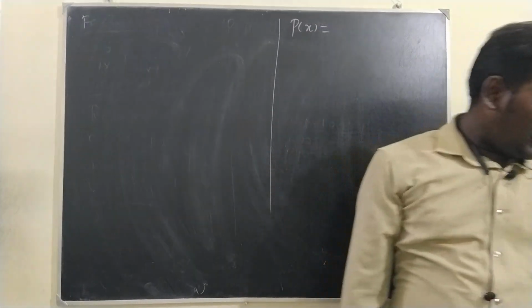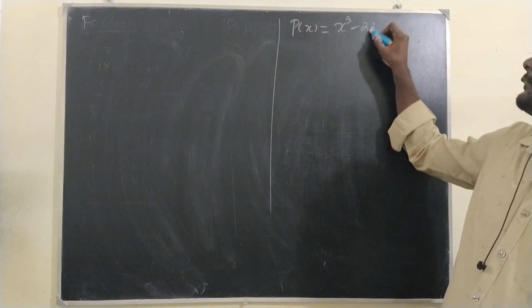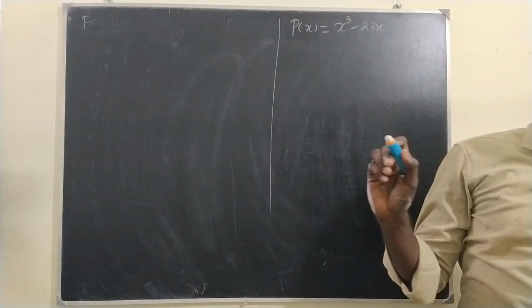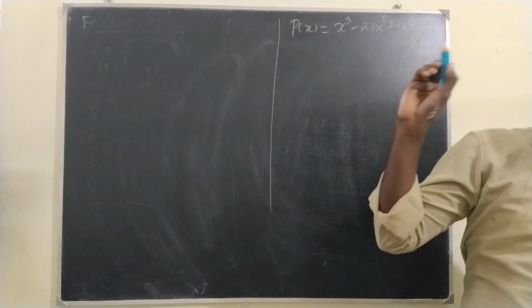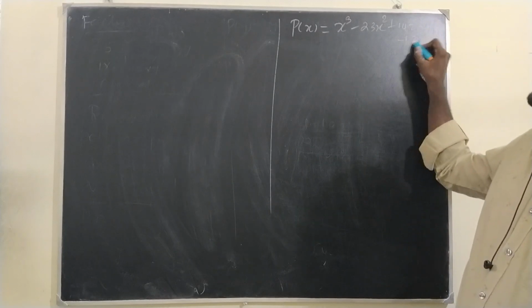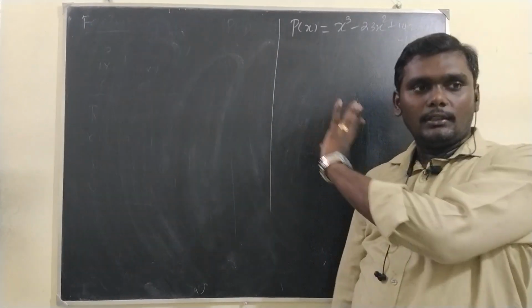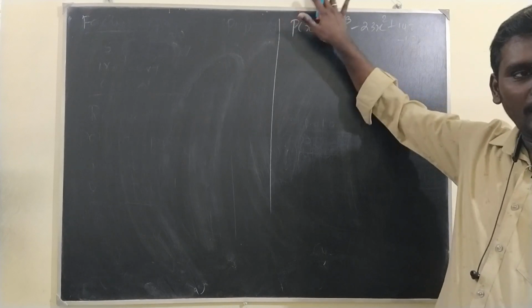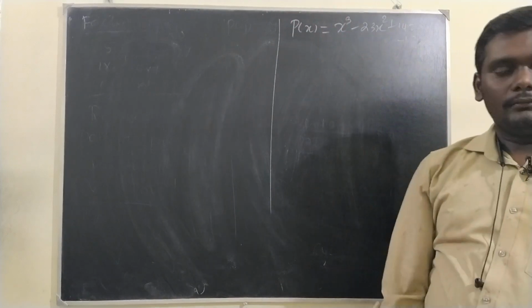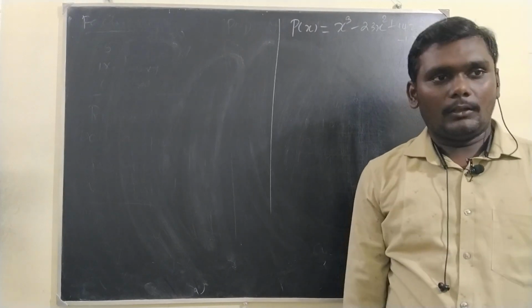P of x is equal to x cube minus 23x square plus 142x and then minus 120. See, the question they gave is only to factorize this polynomial, that's all. Simply, factorize is there. We have to name it. The first step of factorization is naming the polynomial.